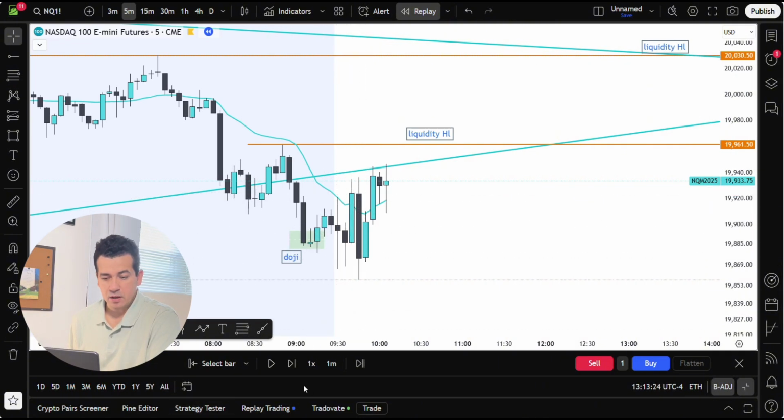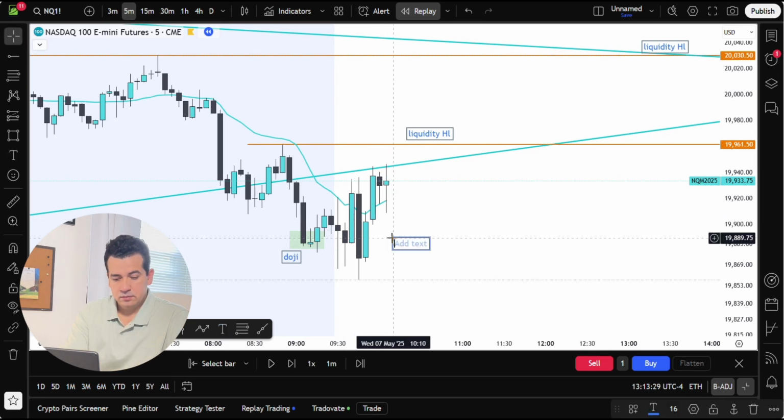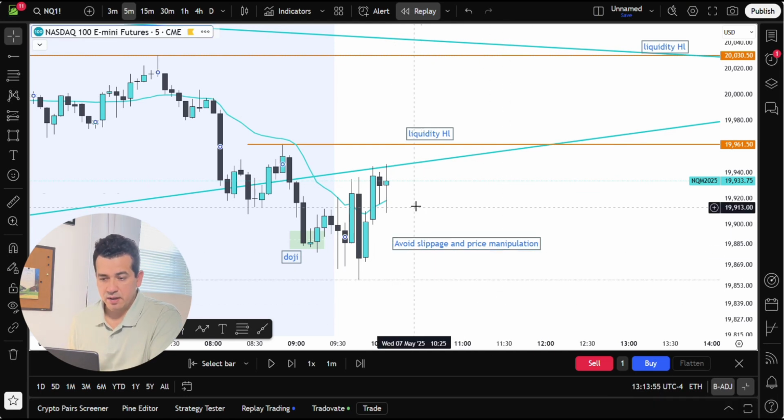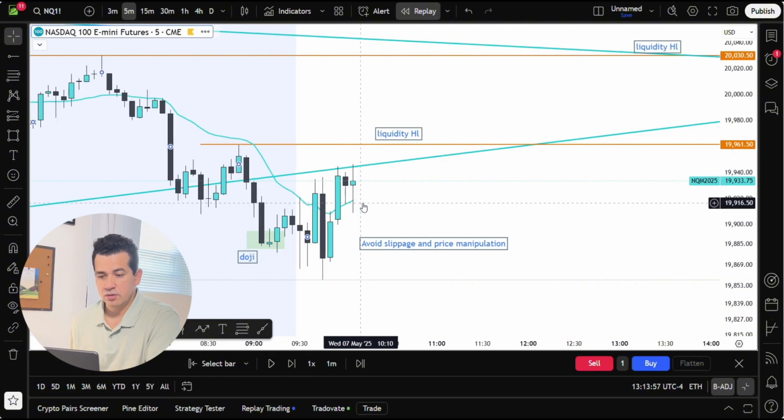So let's put this down: avoid slippage and price manipulation, because there's nothing to trade in this area, nothing to look for.